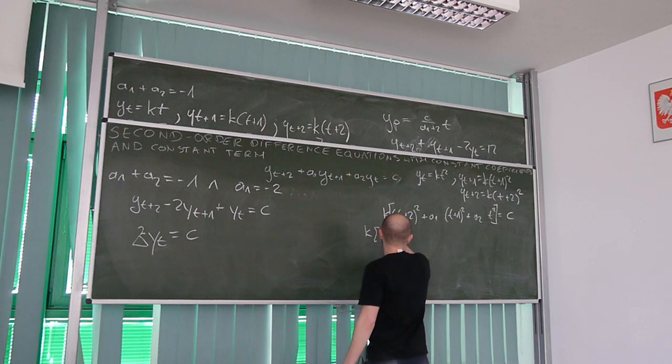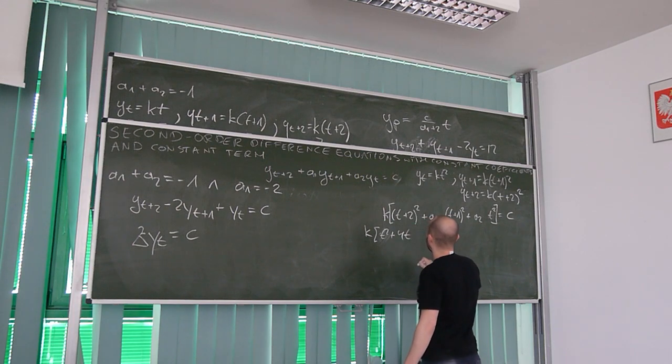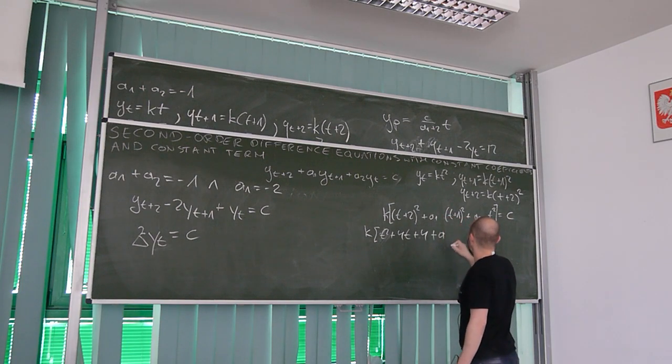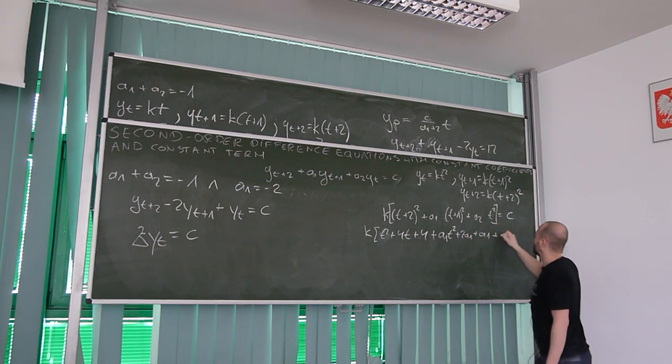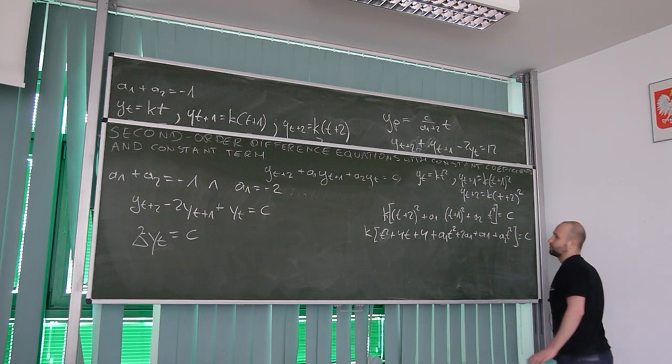So we've got t squared plus 4t plus 4 plus a1 t squared plus 2a1 t plus a1 and finally plus a2 t squared equals c.